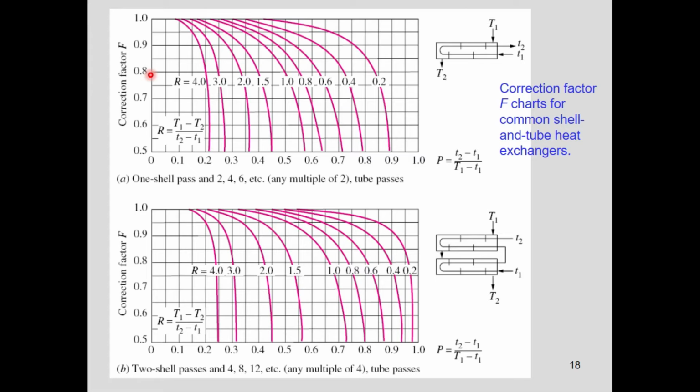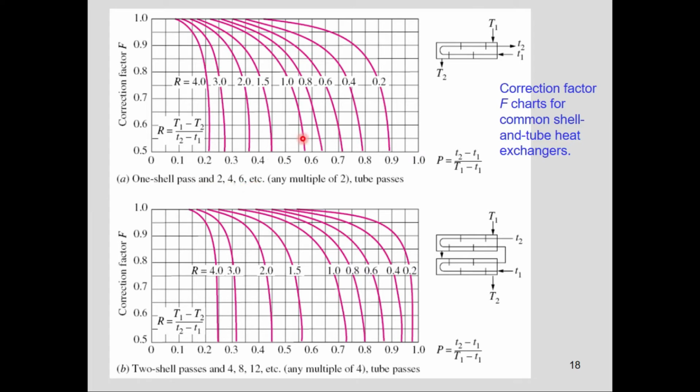This is only for the case when the value of P is 0.5 and R is 1. You can get any value from 0 to 1 in the case of P, and for R you can have any values from 0.2 to 4 for this geometry, that is one shell pass and multiple tube passes.